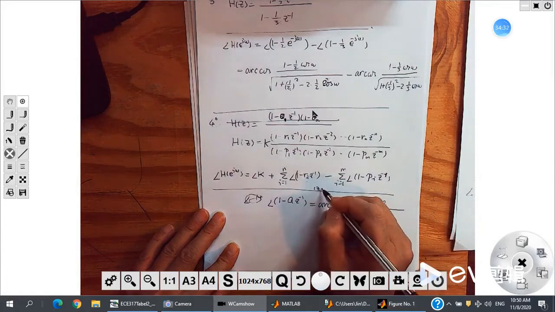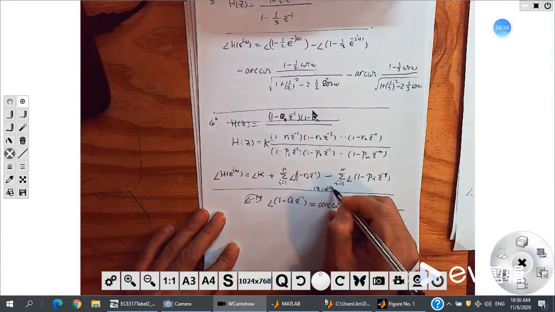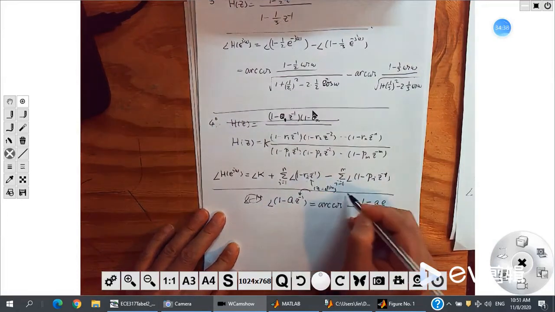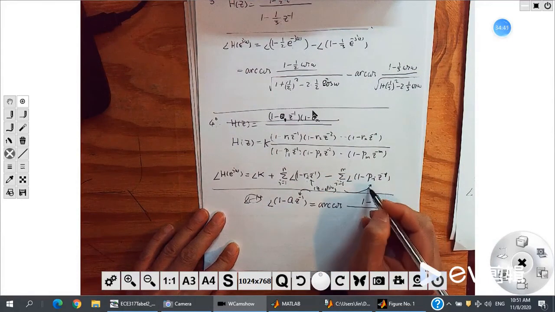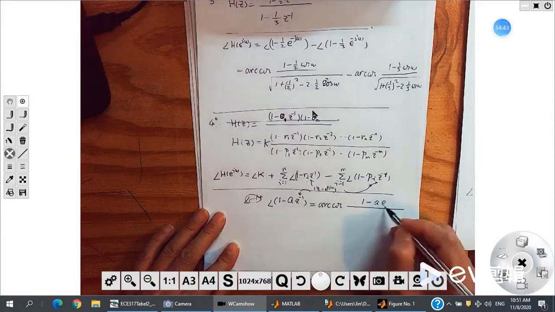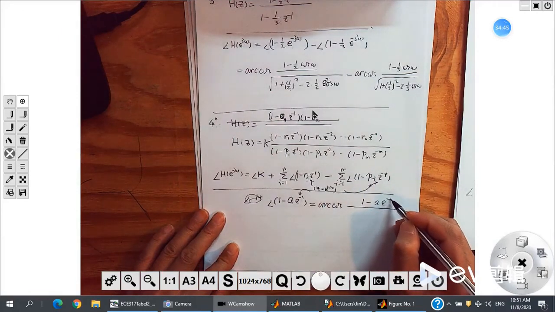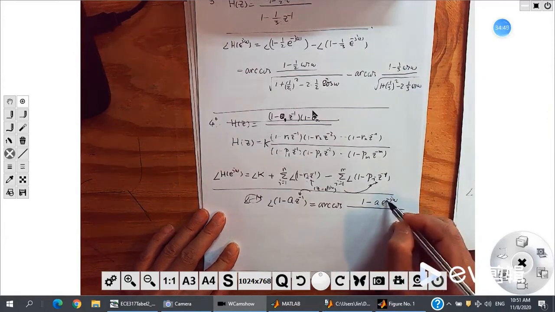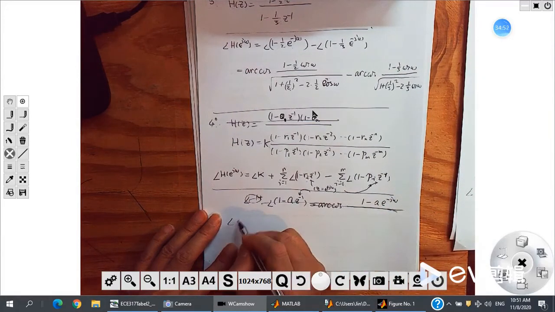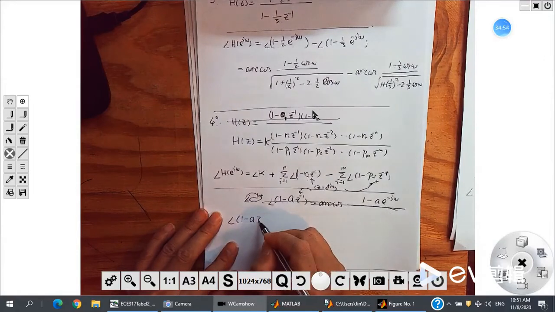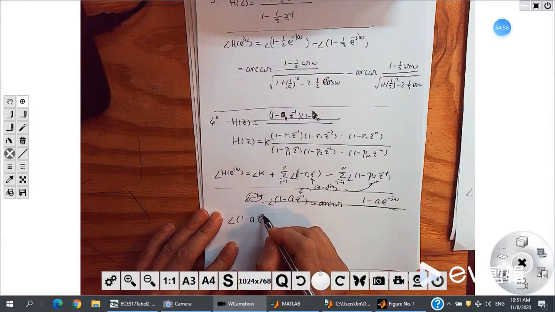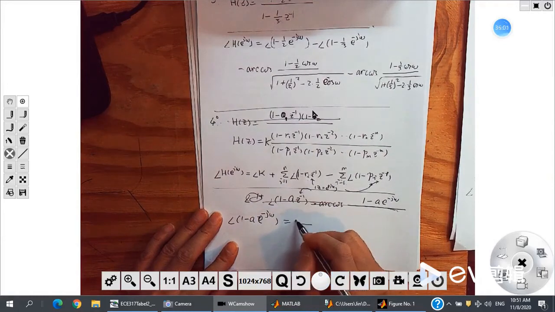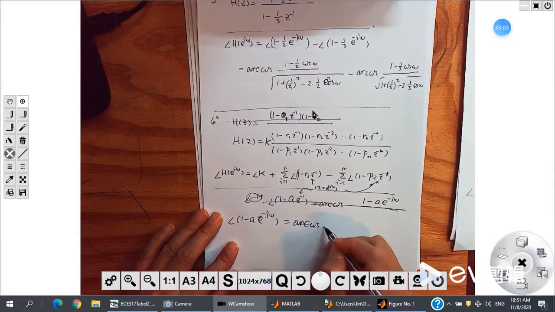Now it's not z; z is e^jω. So the angle of 1 minus a e^-jω will equal the arc cosine of a fraction.